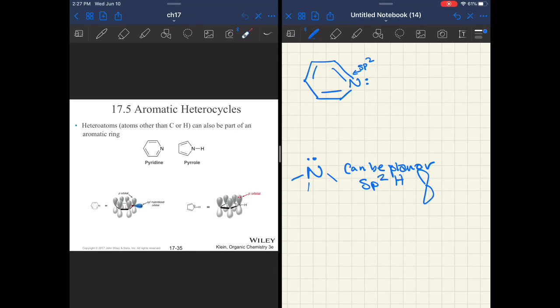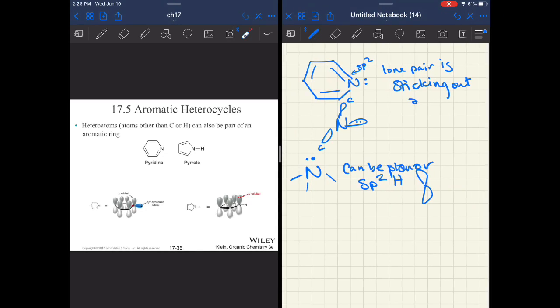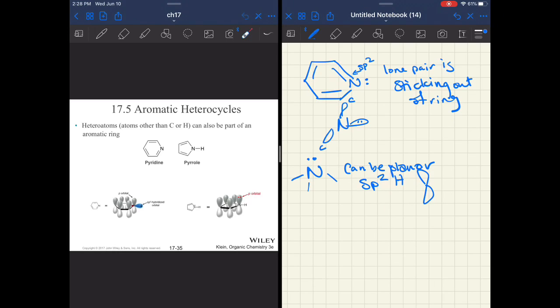So we have to think about what's going on with this nitrogen. In this case, if it's sp2 hybridized, what is in these 3 equal energy sp2 hybrid orbitals? Well, one of them's going to carbon, one of them's going to carbon, the other one has your lone pair. So this lone pair is sticking out of the ring, which means that there is an empty p orbital.